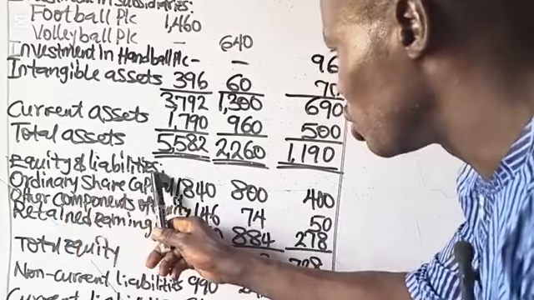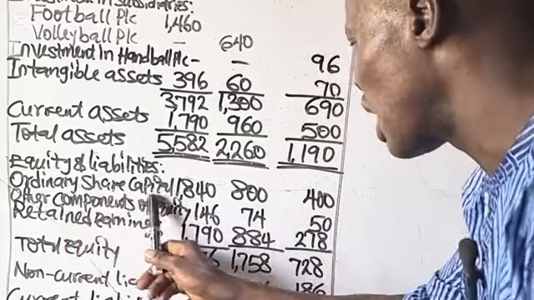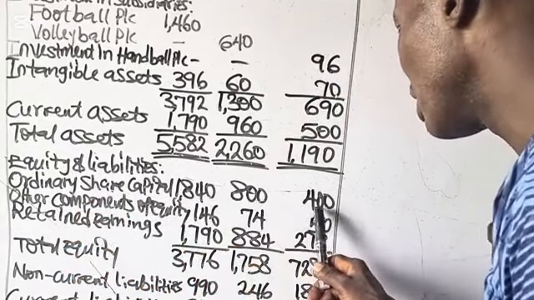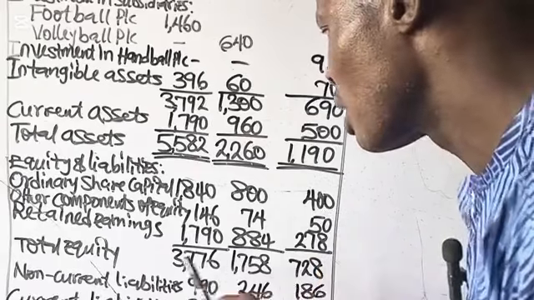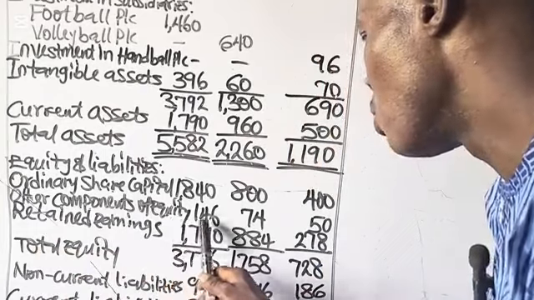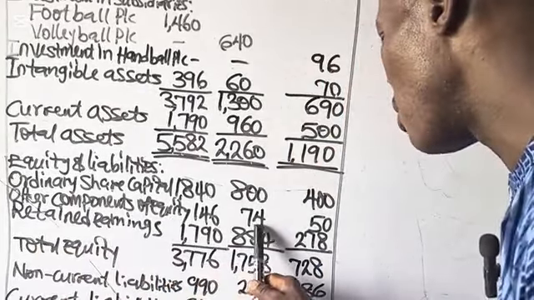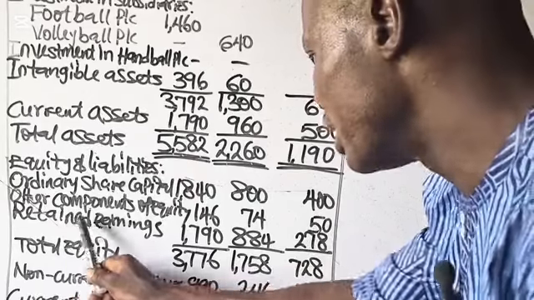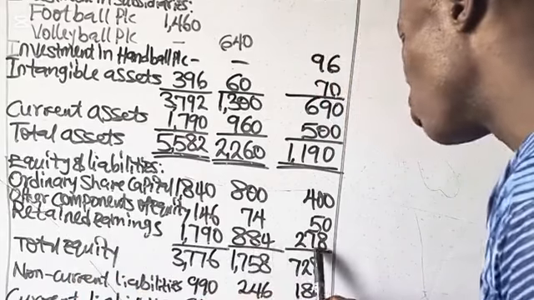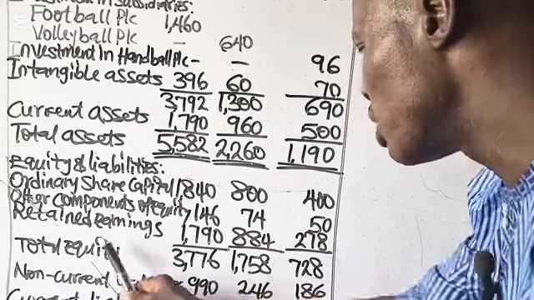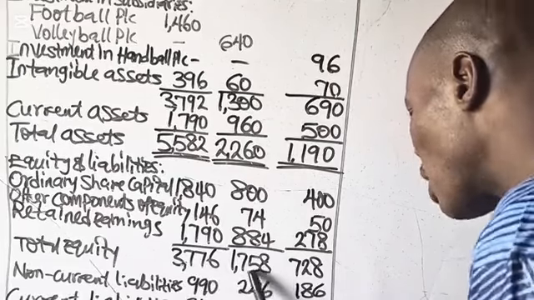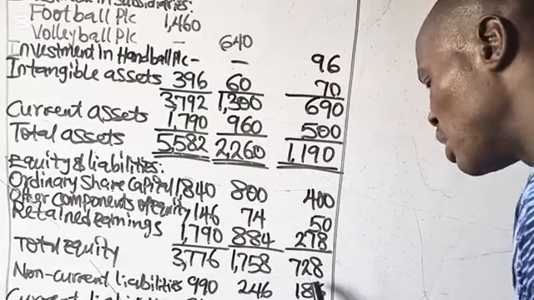Equity and liabilities. Ordinary share capital: 1,840, 800, and 400. Other components of equity: 146, 74, and 50. Retained earnings: 1,790, 884, and 278. Total equity: 3,776, 1,758, and 728.